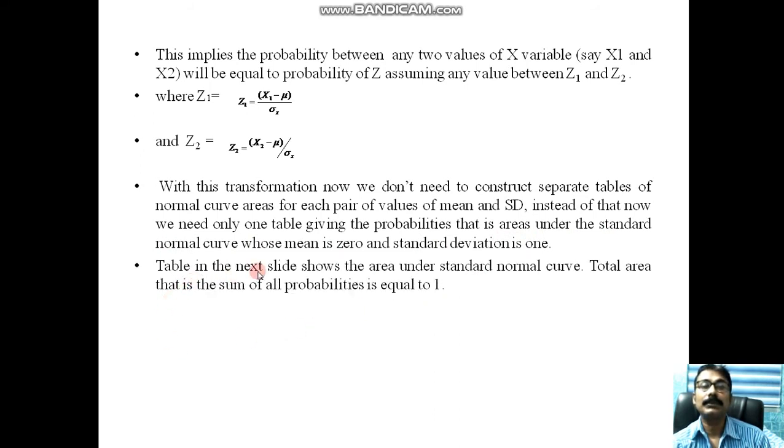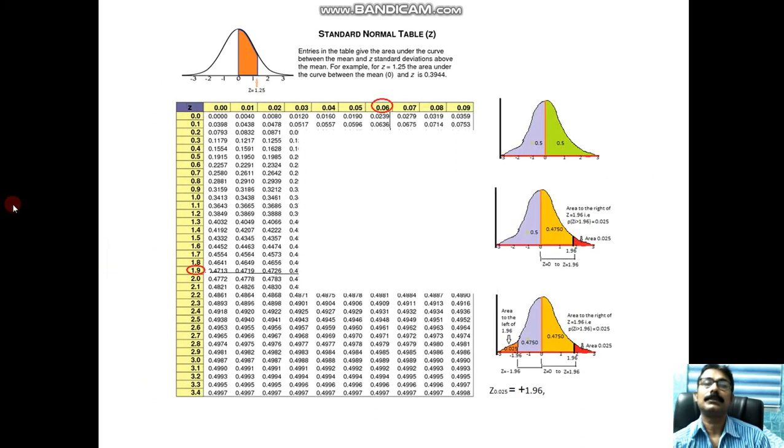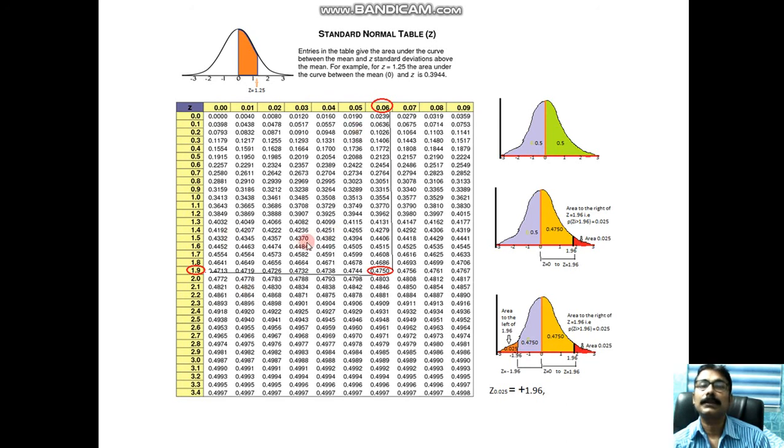So the table below, or in the next slide, shows the area under the standard normal curve. The total area, the sum of all probabilities, equals 1. You can also download the area of a standard normal curve from the net. Here it is measured from 0 to the right side.